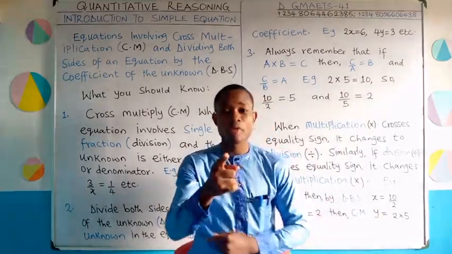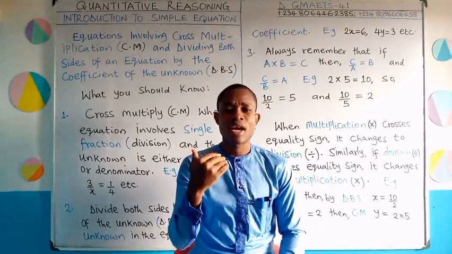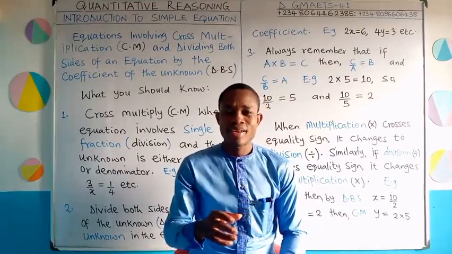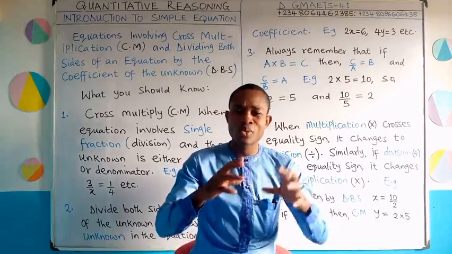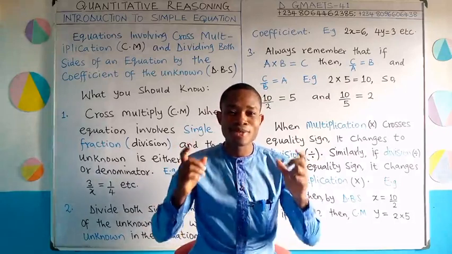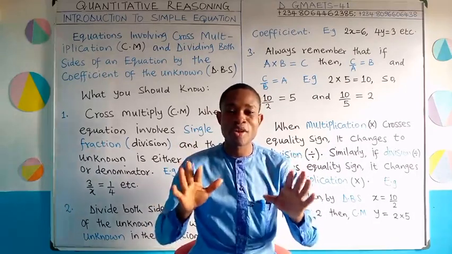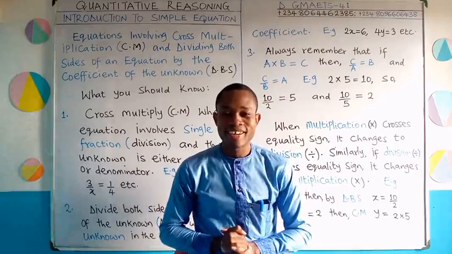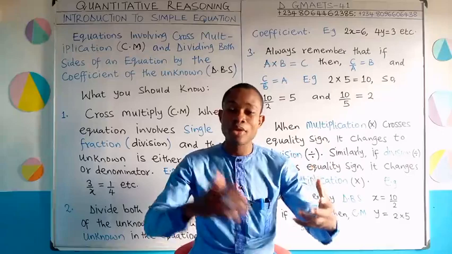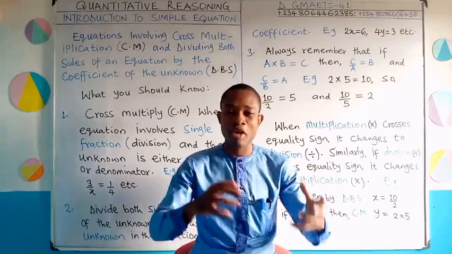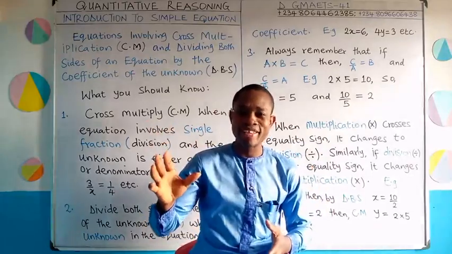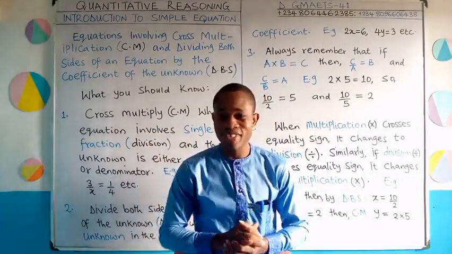Mathematics. Remember I told you from our previous class that quantitative is a part of mathematics, and since that class we've been looking at one part of quantitative where we study how to use simple equations to solve a problem. You would remember that we treated simple equations involving collection of like terms, and I taught you how you could see a problem like that under quantitative reasoning.